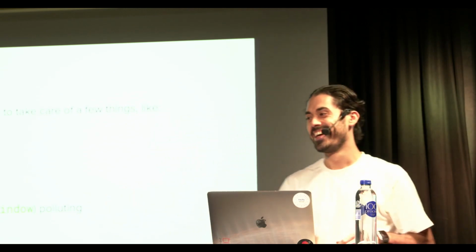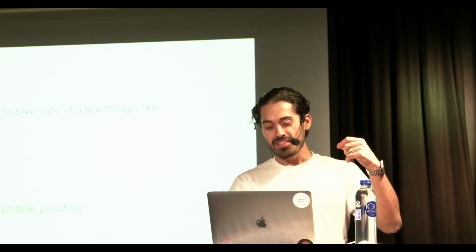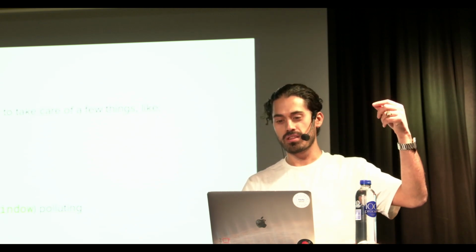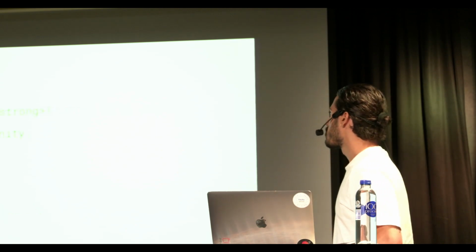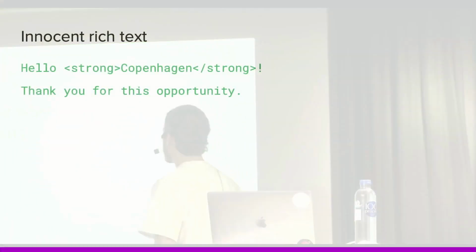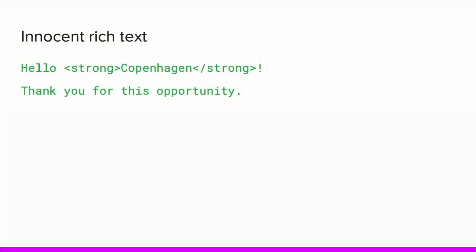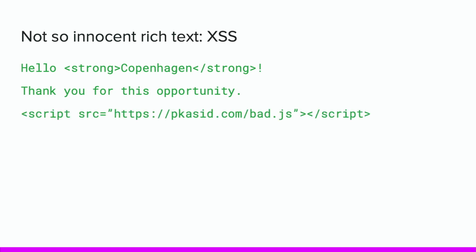Okay, so this can really interfere with how we do things. So this is some innocent rich text in HTML format. We have hello Copenhagen in strong. Thank you for this opportunity. So this can be cross-site scripting, HTML, which has injected a script tag below.